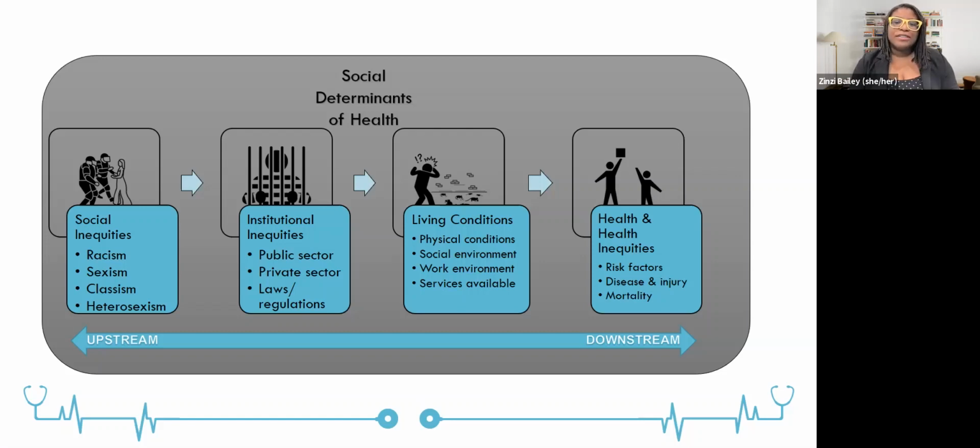Those living conditions, those social determinants of health, are driven by institutional inequities in both public-private sectors, as well as the very laws and regulations we have on the books. That is, in turn, driven by social inequities, including racism, sexism, classism, heterosexism, those isms that we just talked about.